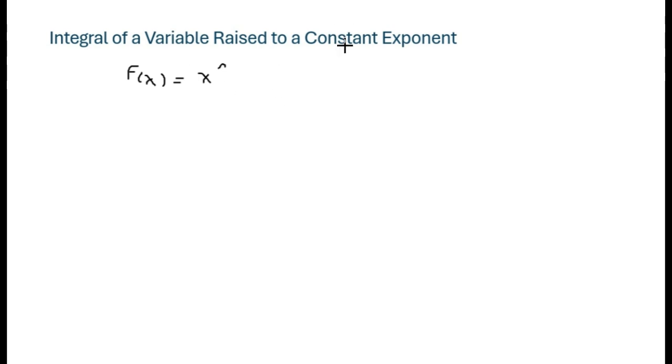There's a condition on this one: n is not equal to -1. So it can be any real number except for -1.